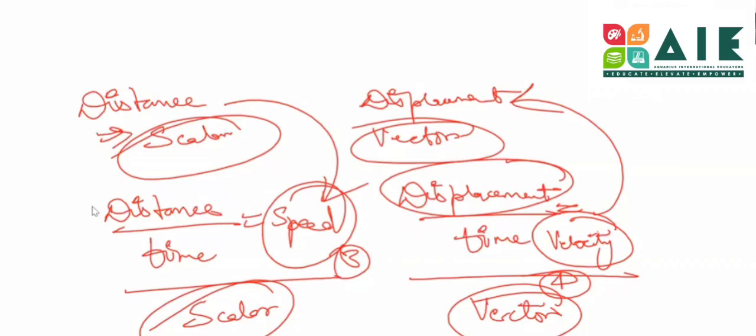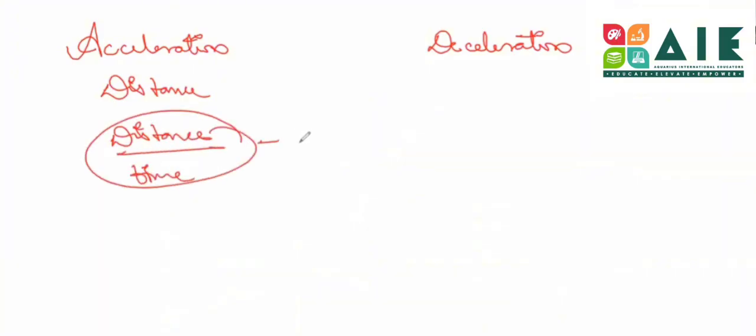Great. Now let's move to the next quantity. Our fifth quantity is acceleration, and our sixth quantity is deceleration. We have reached from distance to distance over time, which gives you speed. Let's reach the next point: what is speed over time?